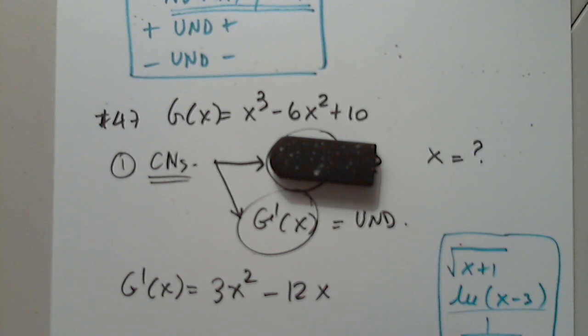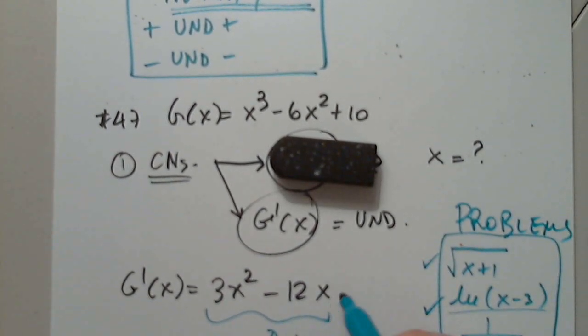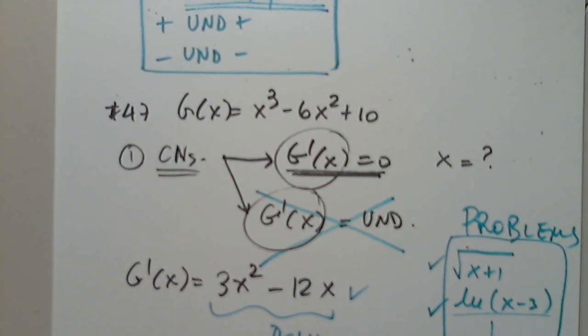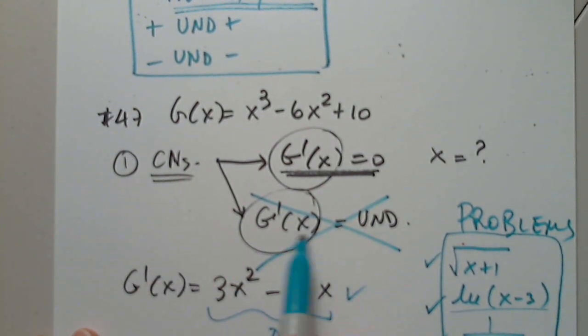And here, x plus 3 cannot be 0. Polynomials never have problems, ever. So there is nothing coming from that source. No critical numbers will come from this because this is always defined.